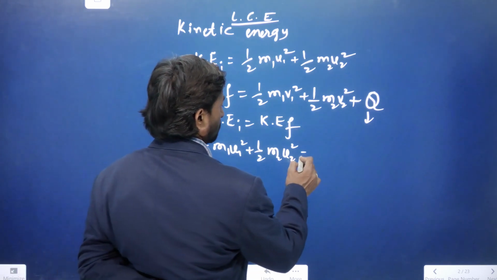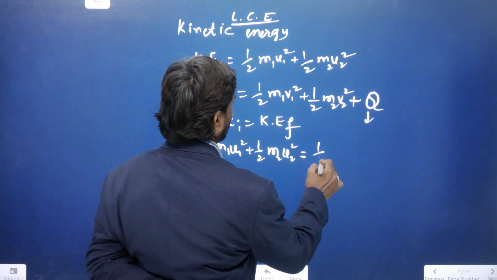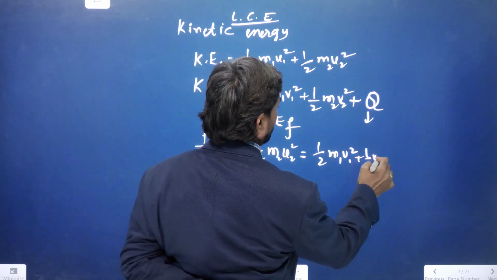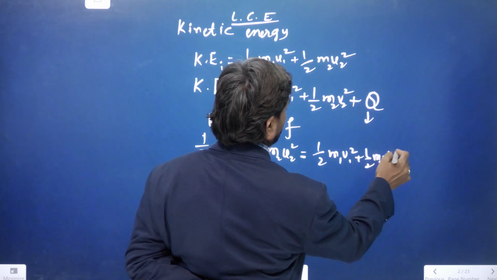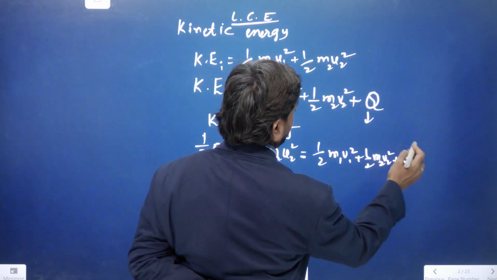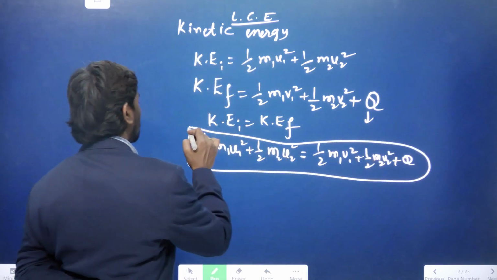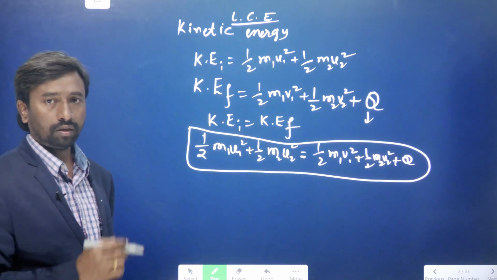That can be written as half m1 v1 square plus half m2 v2 square plus this is an energy term we can add there. So this is the expression for the kinetic energy in the inelastic collision.